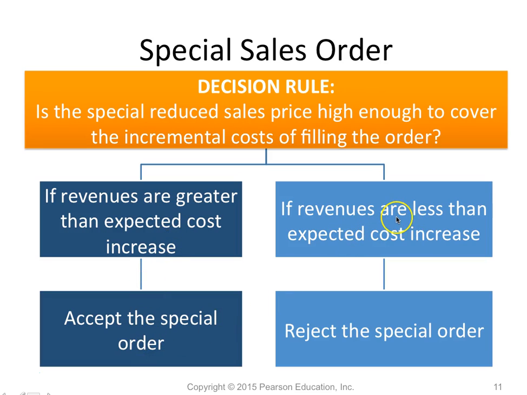If the cost increase here is less than the revenue we can generate, we're going to reject the special order. Sorry, if the cost increase is greater than the revenue, we reject. The basic idea here is, are we going to make money? If this is not going to let us make money, we're going to say no here. And if it's yes, we may say yes here.